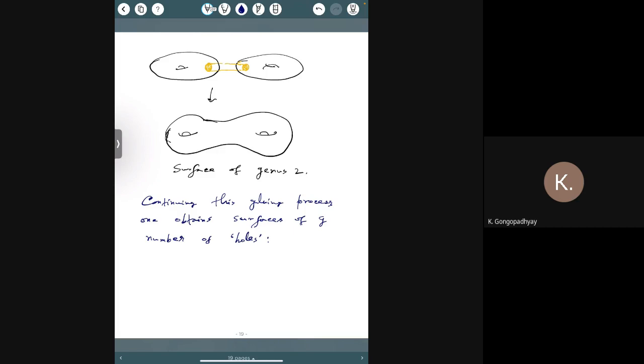Okay, and that is called a surface of genus G. So this is something like, so this is a surface of genus 3. Okay, so I call it sigma 2 and I call it sigma 3.